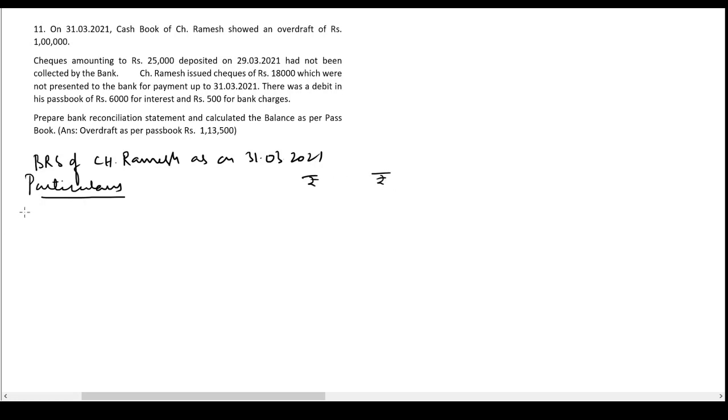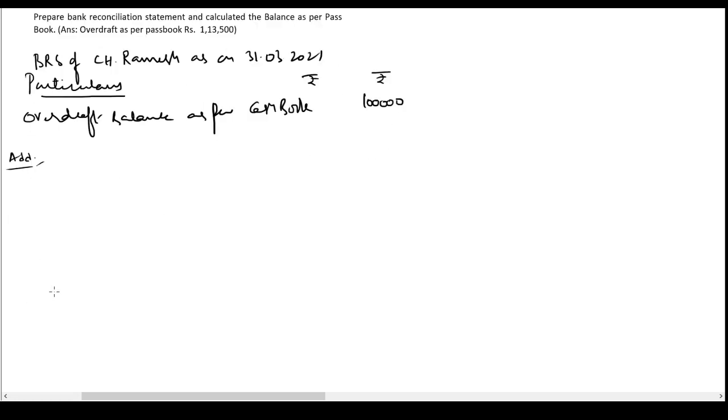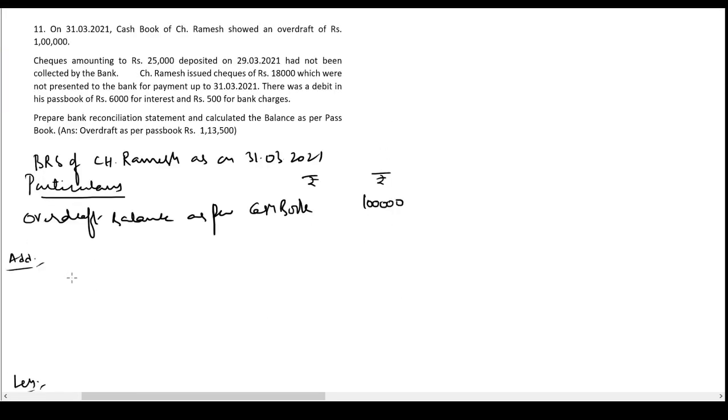I'll write here overdraft balance as per cash book rupees 1 lakh. We have to do some add items and we may have to do some less items to arrive at the passbook balance. As we discussed in our earlier video, we'll start preparing our working notes again.